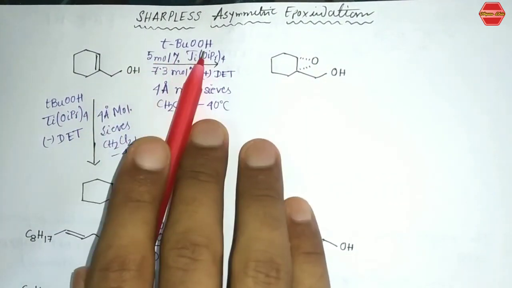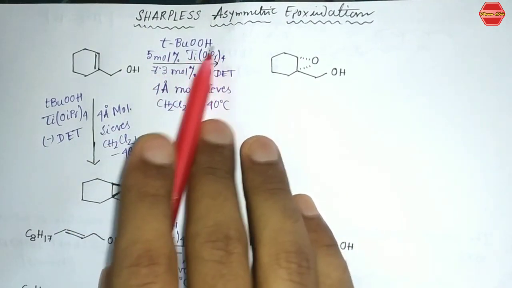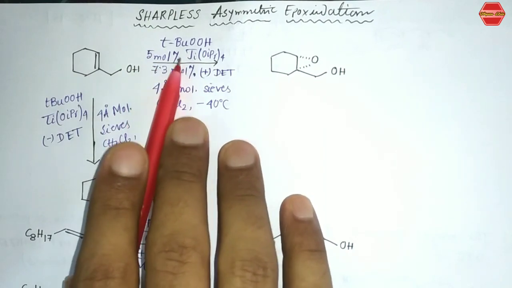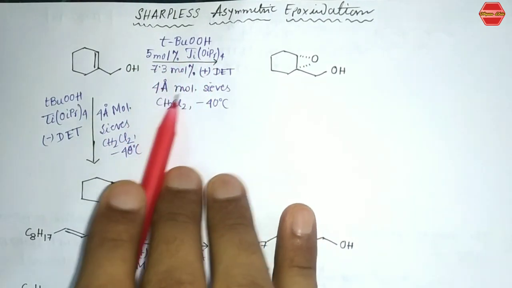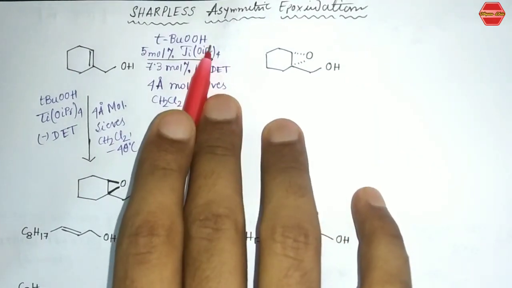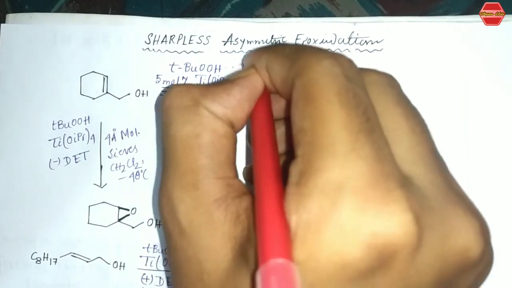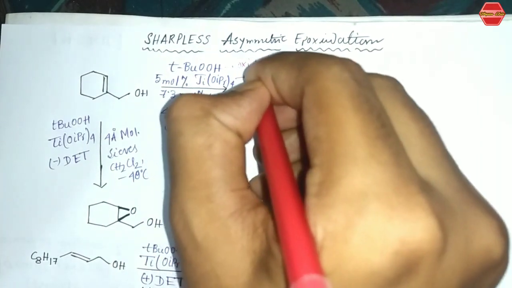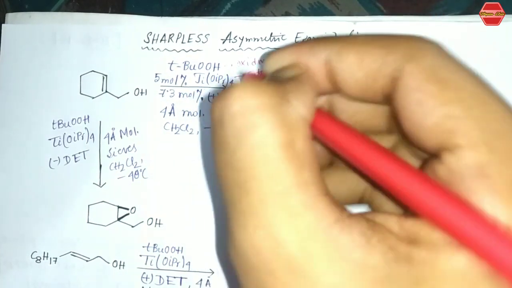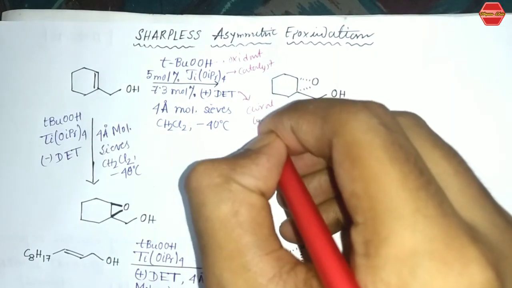The reagents used are TBHP, that is tert-butyl hydroperoxide, and titanium isopropoxide, and the tartrate, the chiral ligand. This is our oxidant, this is our catalyst, and this is our chiral ligand.